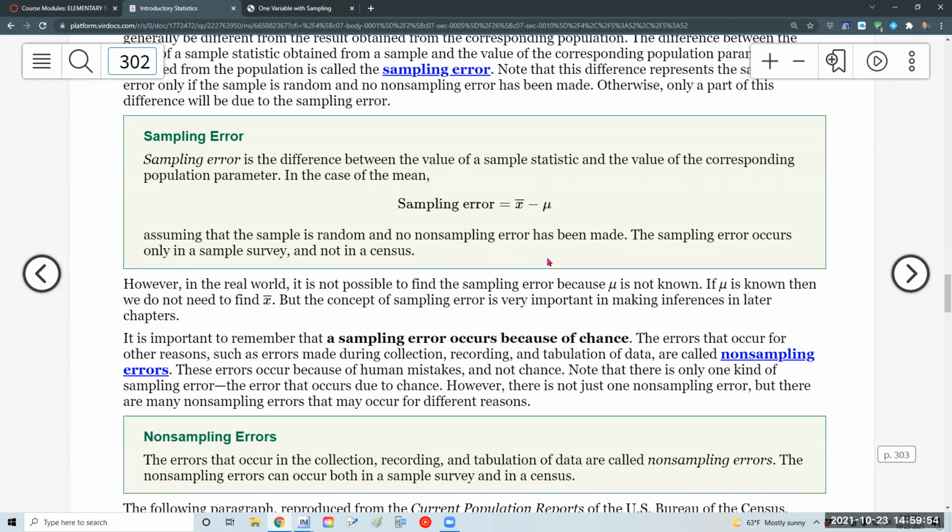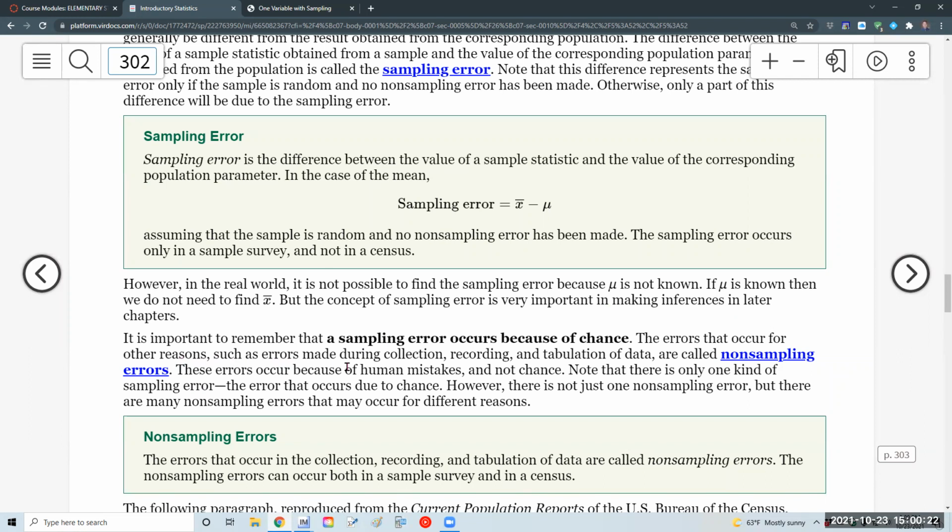Sampling error occurs only in a sample survey and not in a census. Usually, in the real world, it's not possible to find the value of the sampling error because the value of mu is not known. If mu is known, then we don't need to find X bar. But the concept of sampling error is very important in making inferences in later chapters, which is why we're bringing it up now.